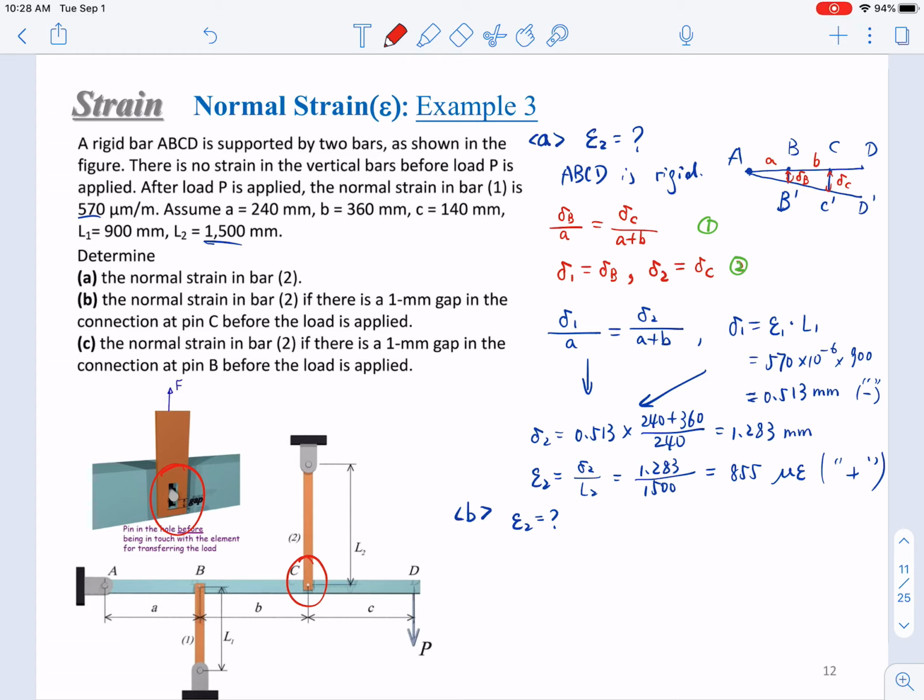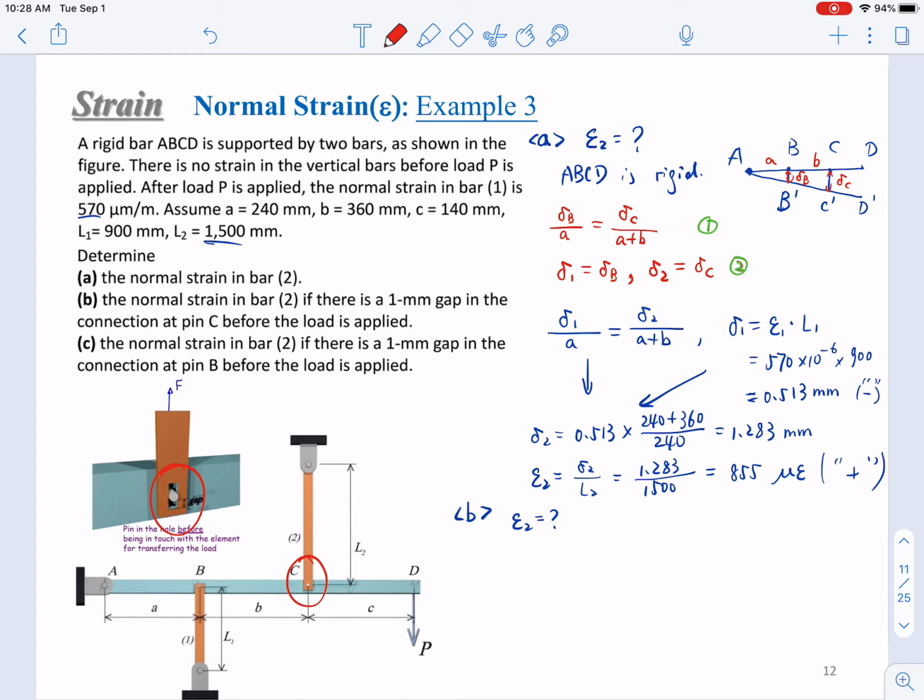Clear about the meaning? That means this pin at point C has to travel 1 millimeter before it touches bar 2. Meaning that the displacement of point C will always be 1 millimeter larger than the deformation of bar 2.